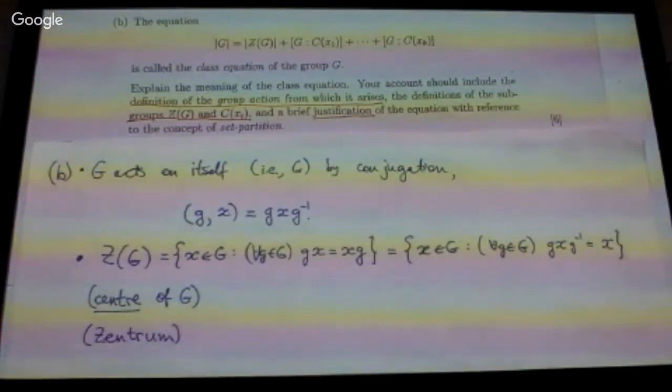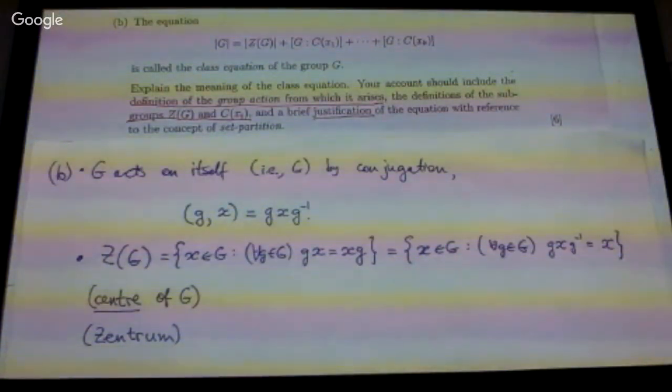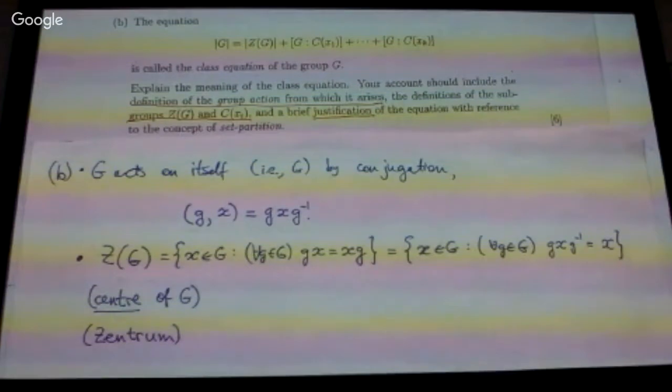These are all the elements where no matter what you conjugate them by, they stay put. That would be the basis of the class equation.